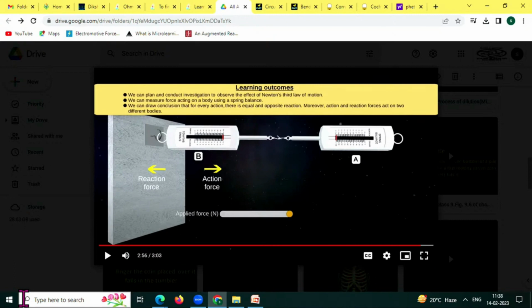In this way these experiments, these activities can be performed by students themselves, and it has been found that learners become very happy when they observe that every time action is equal to reaction, and they also understand that action and reaction occur simultaneously and act on two different bodies. So this is also a very important concept. They learn this by doing the activity, doing the experiment.